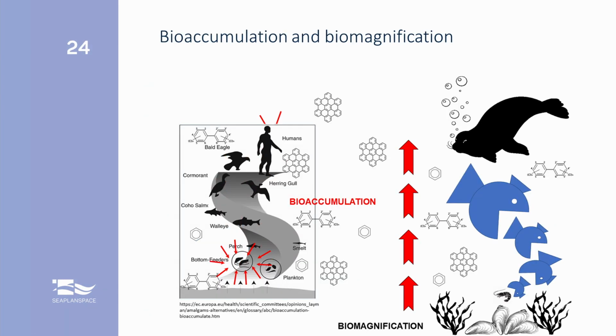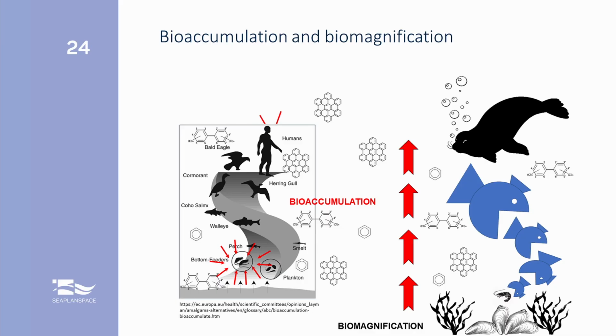When it comes to substances which are able to bioaccumulate and biomagnify in the entire web, or in a particular species, we have the process of bioaccumulation, where from the ambient environment, various chemical components, like heavy metals, several pharmaceuticals, persistent organic pollutants, are able to enter the animal's body, and then they can be metabolized or stored in the tissue of a given organism.